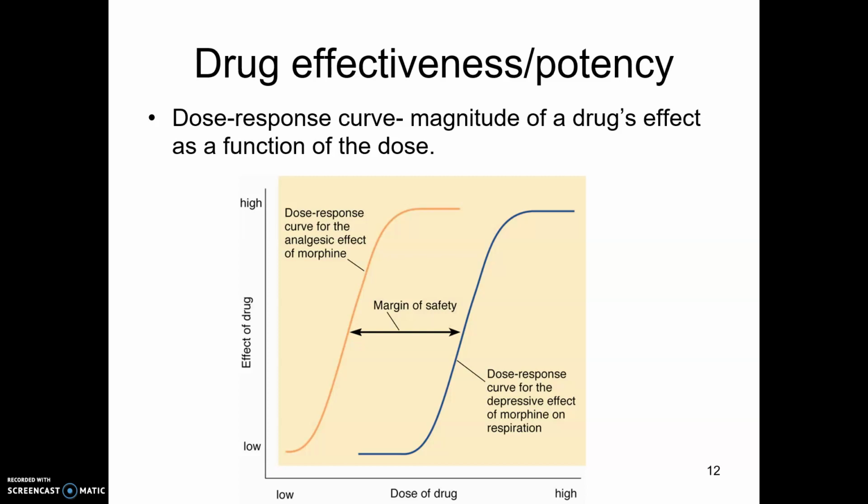So one of the ways that we can actually assess how effective a drug is, is by looking at a dose response curve. So what you're looking at here is the dose response curve for morphine. Morphine has a lot of different effects, but two big ones that are desired effects are analgesia, which is pain relieving, and sedation on the brainstem.